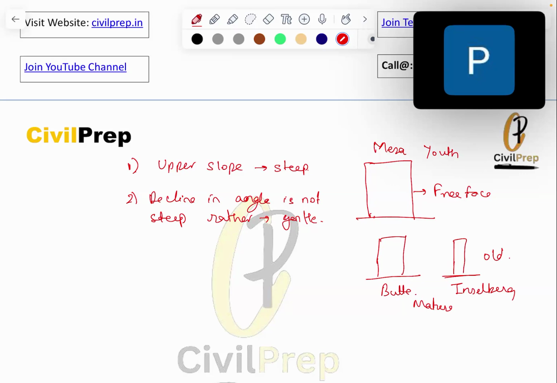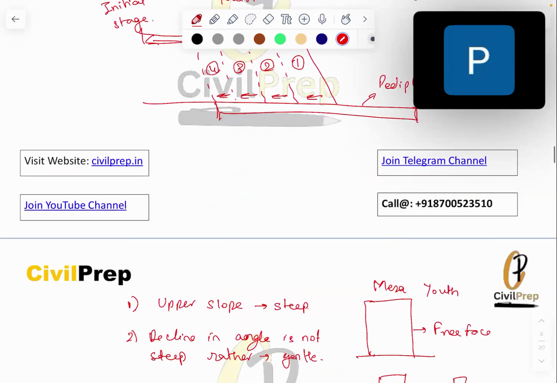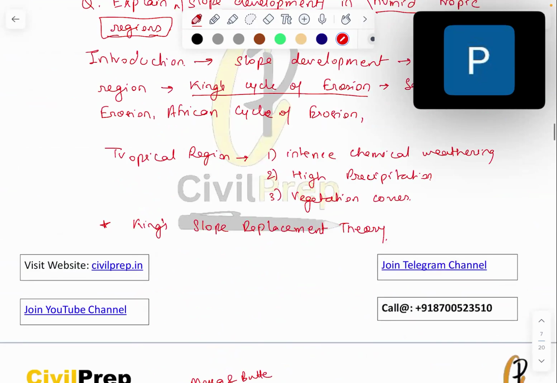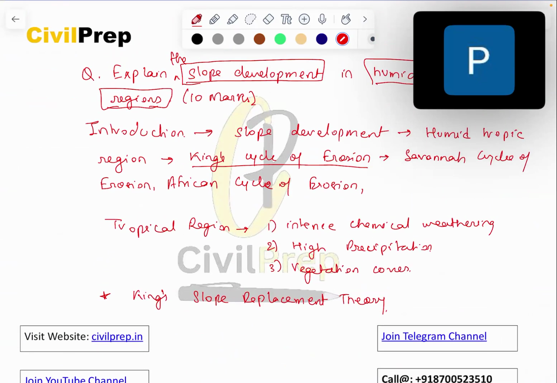So what factors can we see happening in this particular part? We need to provide certain basic aspects here. For example, precipitation is around 200 centimeters. The temperature is very high, almost greater than 37 degrees Celsius as an annual average. The vegetation cover is quite thick.